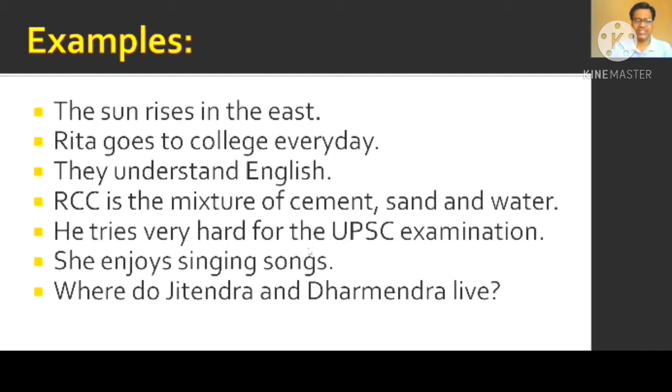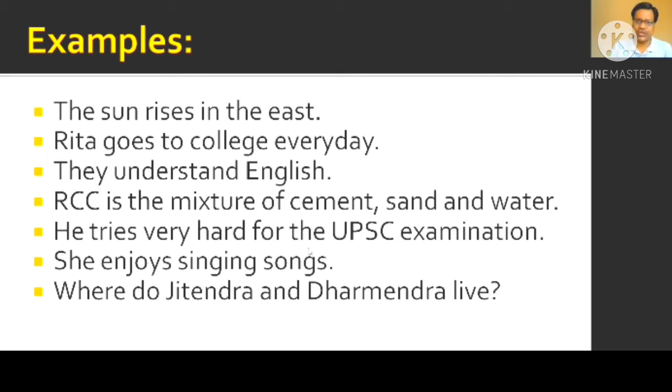Is is the verb of the sentence. Mind it well. Is has come alone. So you cannot call it an auxiliary verb. This is not a helping verb here. Since it has come alone, it is functioning as the main verb of the sentence.